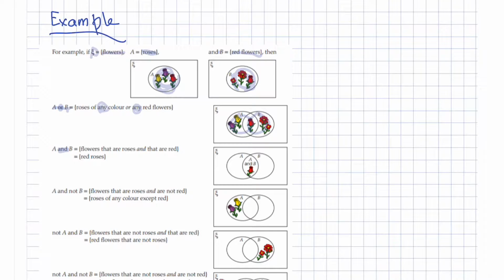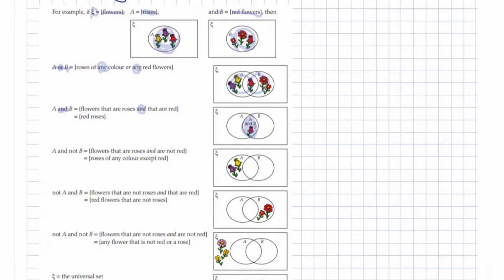Moving on to the next one. A and B. Focus on the word and. Now, flowers that are roses and that are red roses. In this Venn diagram, they have only shown the overlapping part. It means the type of flower that is shared by both A and B, which is a rose and it's red.